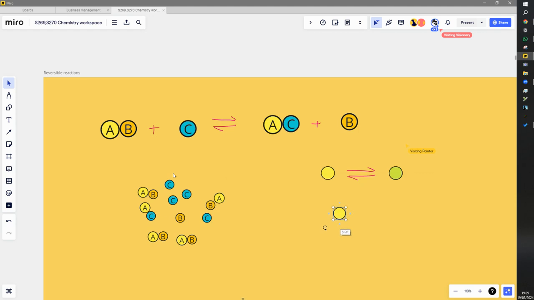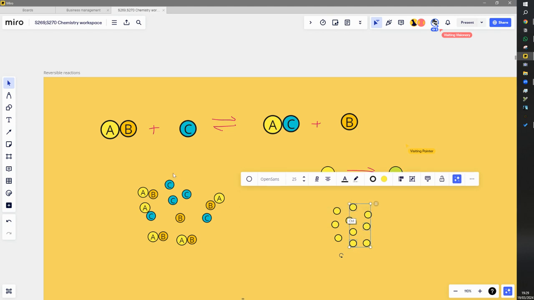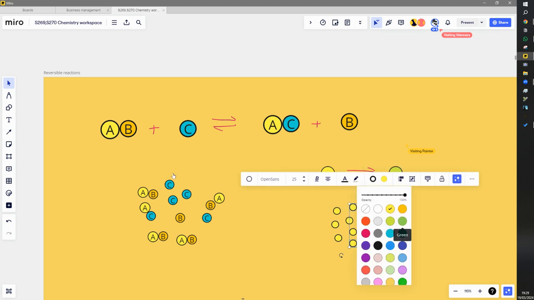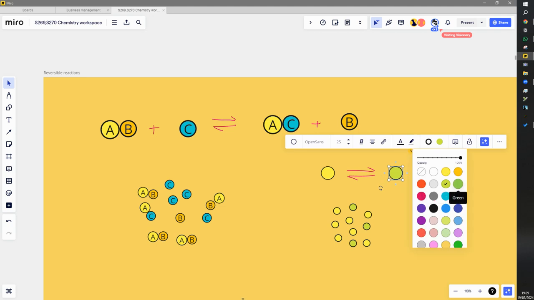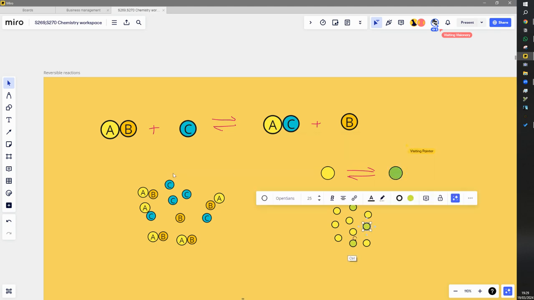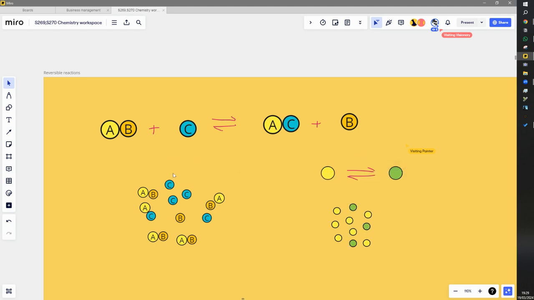So let's imagine that we had loads of these now, and they'll start to become the product. I've chosen some very similar looking colours, so maybe I could pick a different color so we can see more clearly what's happening. So some of the reactants have changed into the products.